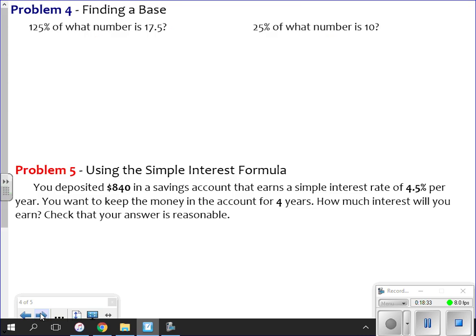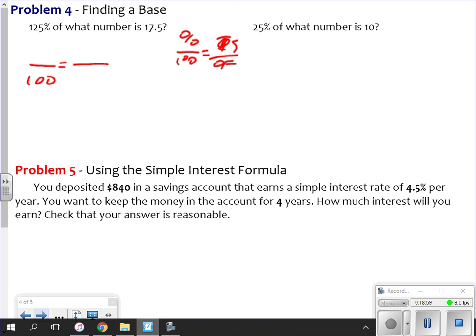Okay, next page. We're back to the percent over 100 equals is over of. So I still need to just fill in the blanks. What's going to go on top of the first one?